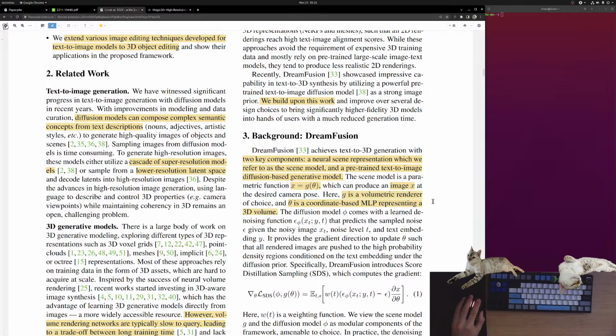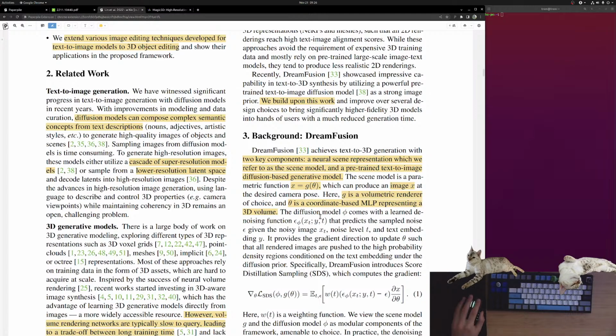Yeah, so I would say this is not quite the right math representation of that, right? Because the image is a function of the camera pose. So really the input is a camera pose.